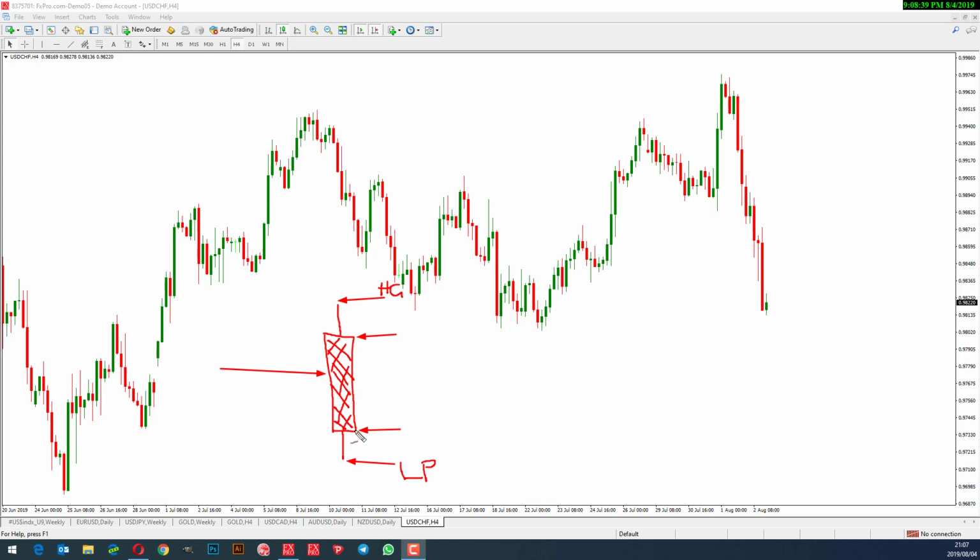Remember, this is a bearish candle, so this is going to be your opening price, and then you've got your close here. This is the body.